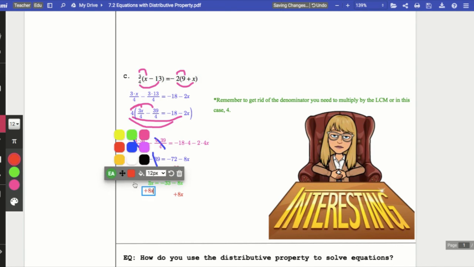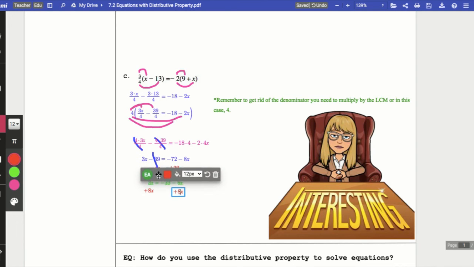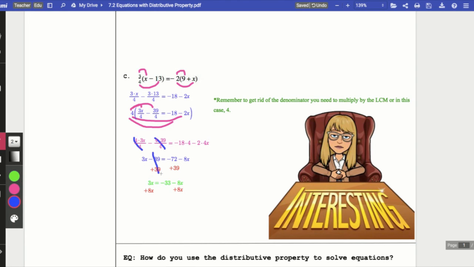When I add 8x to both sides, it cancels on the right, and 8x plus 3x is 11x. So I'm going to have 11x equals negative 33.